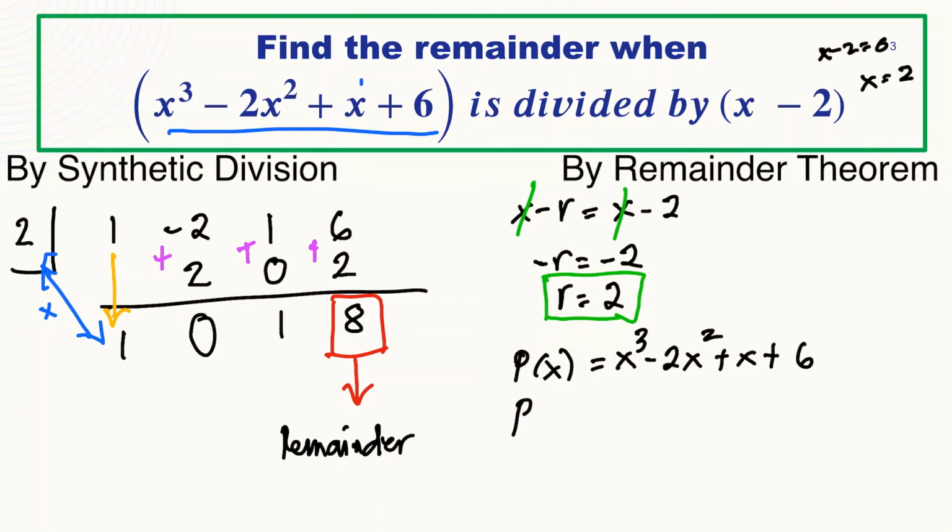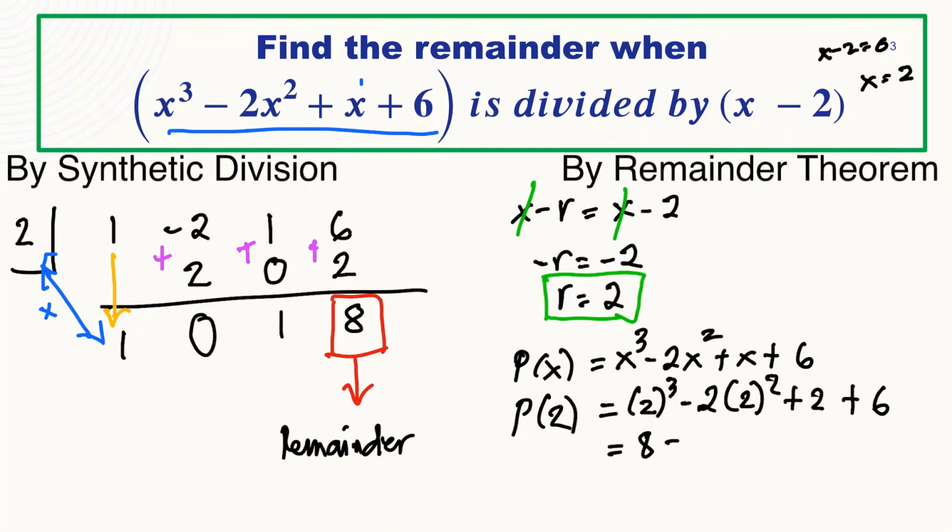If we have p of r, or p of 2, that will give us 2 cubed minus 2 times 2 squared plus 2 plus 6. So 2 cubed is 8, minus 2 squared is 4, plus 2 plus 6.